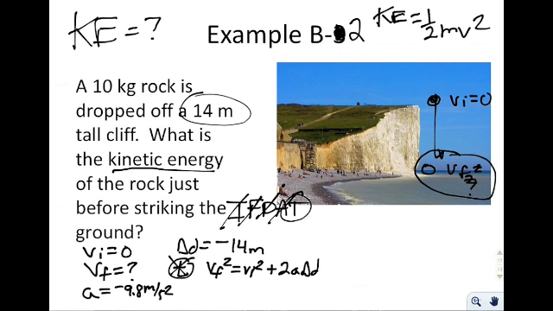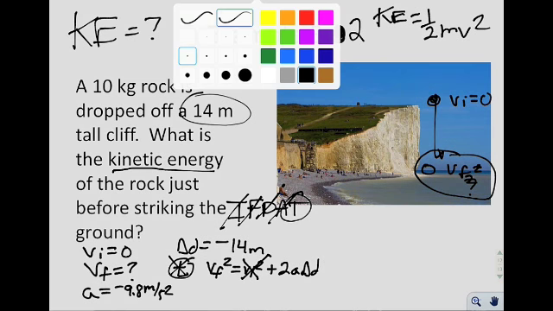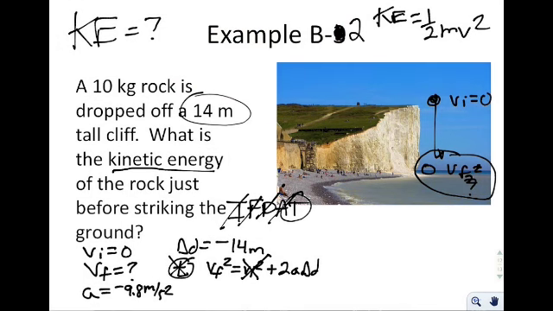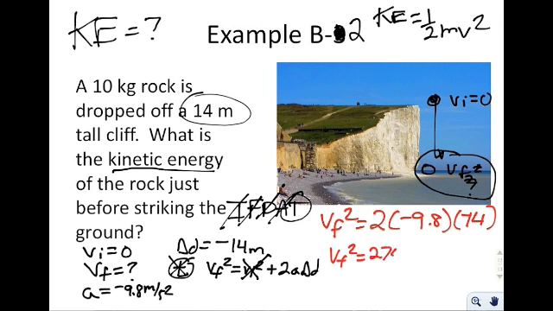Our initial velocity term is 0, so that term is going to cancel out. Instead, I'm left with the final velocity squared, which is what I'm looking for, equal to 2 times negative 9.8 times negative 14. When you multiply them out, 2 times 9.8 times 14, you get the final velocity squared is equal to 274.4.